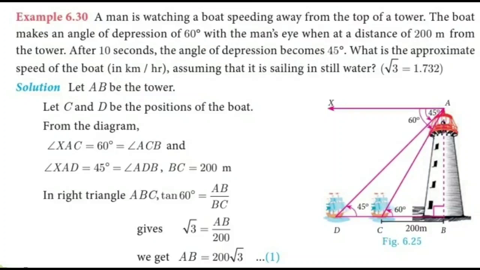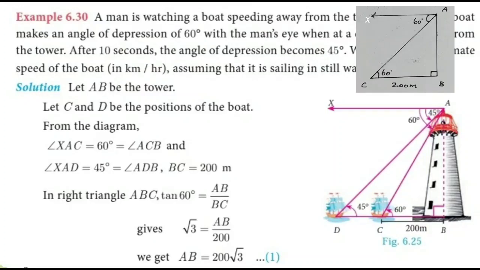First we are taking the right angle triangle ABC. Then tan 60 degree is equal to opposite side divided by adjacent side. Then tan 60 degree is equal to opposite side AB divided by adjacent side BC. Then root 3 is equal to AB divided by 200.